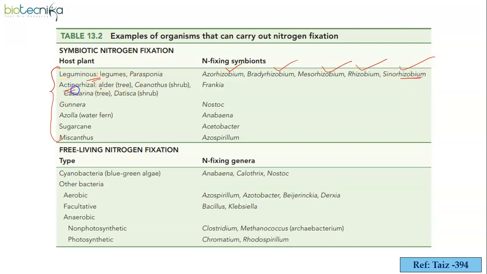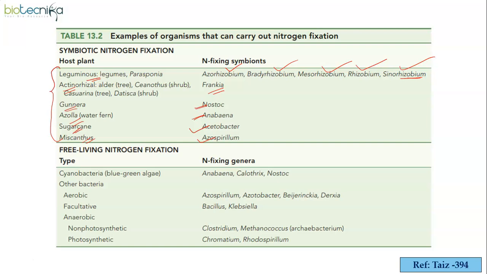Actinorhizal family, they have Frankia as their symbiont. Gunnera to Nostoc. Azolla to Anabaena. Sugarcane to Acetobacter. Miscanthus to Azospirillum. So these are some examples of symbiotic nitrogen fixation.